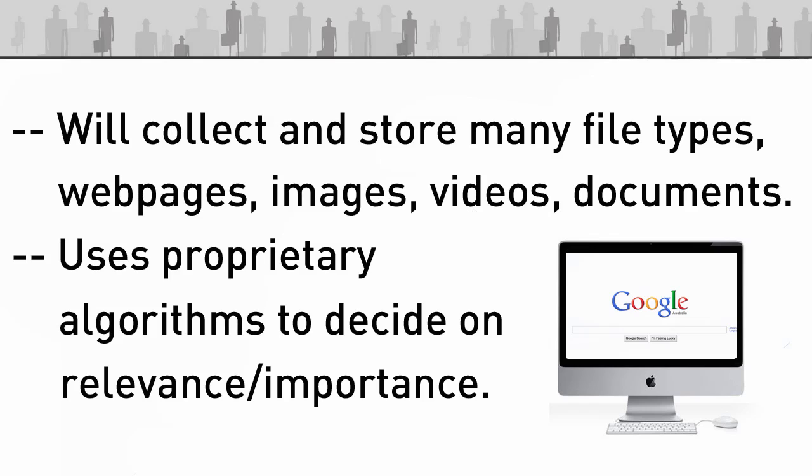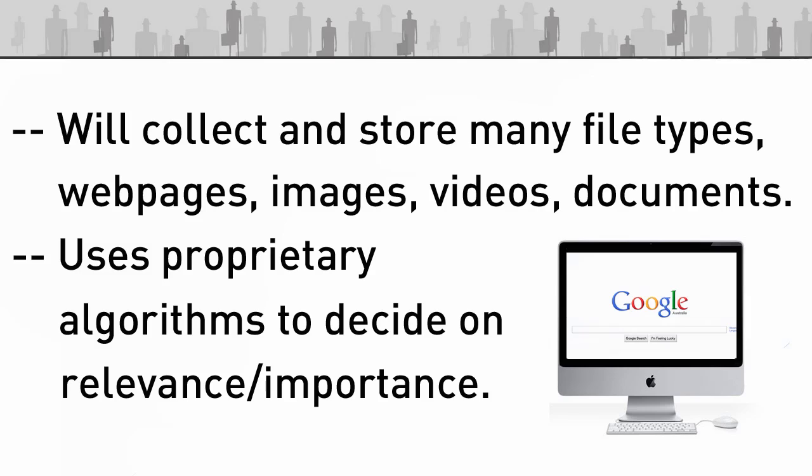Modern web search engines are quite sophisticated. They will collect and store many different file types. So it's not just websites and web pages, but they'll pull images and videos, audio files, documents, PDFs. A range of different file types will be able to be collected and stored by the search engine.